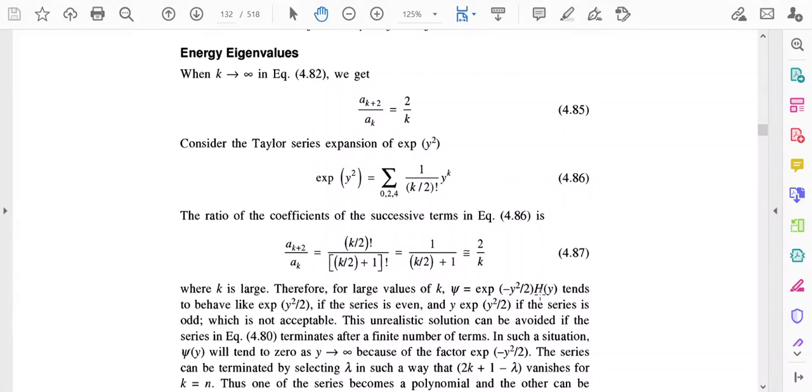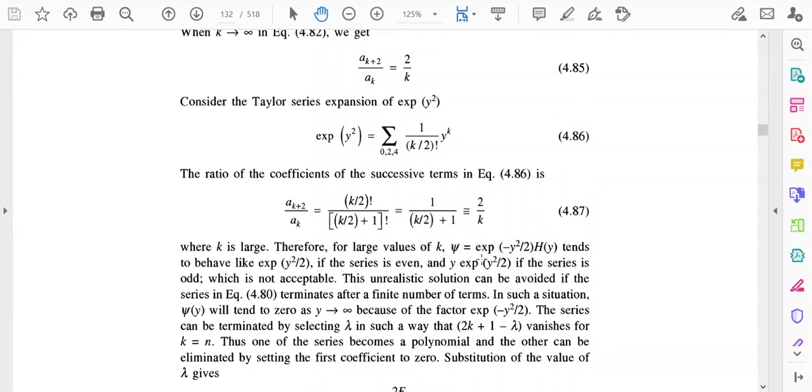Now suppose we are able to terminate hy after certain terms, then because e to the power minus y square by 2 is there, if we make y equal to infinity, then psi will be 0, psi will be bounded, then there is no problem. So our purpose is to terminate hy after certain terms.